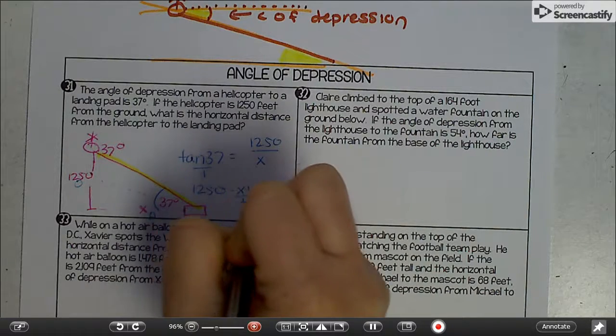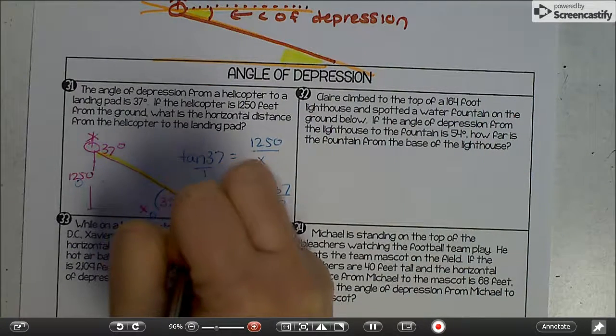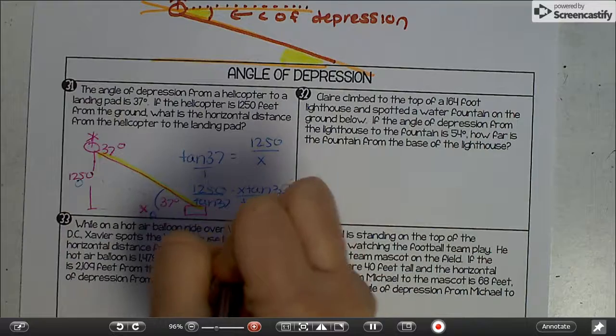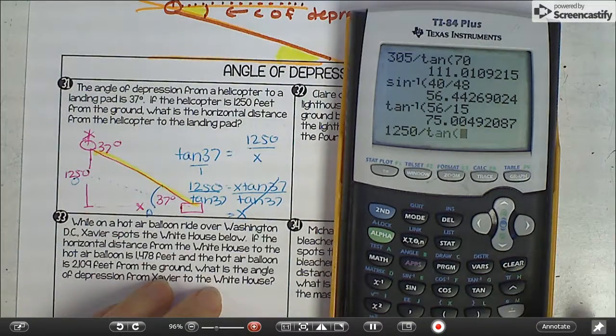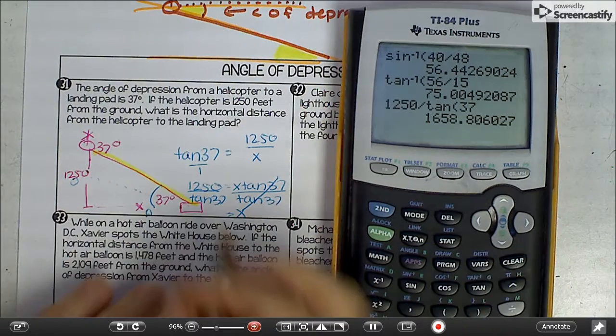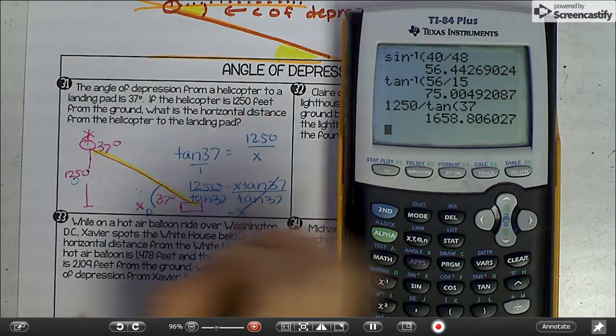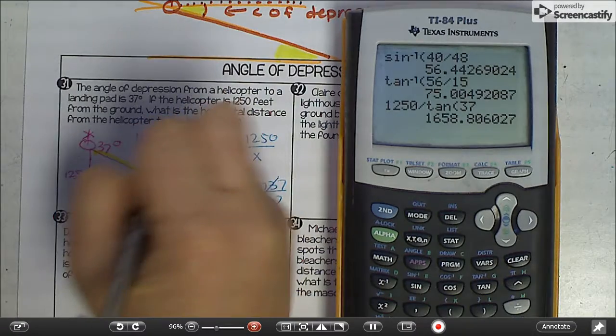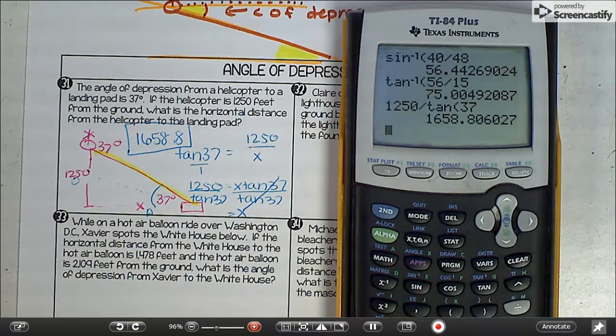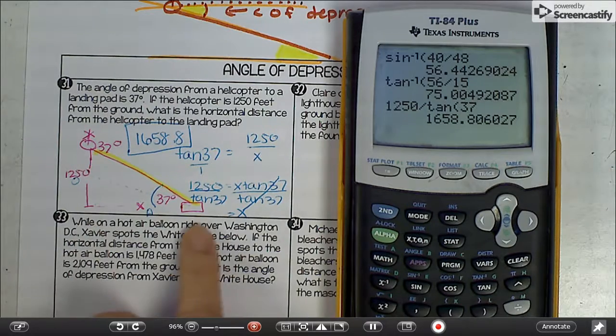And solve. So I can't fit it down there. 1,658.8 feet from the landing pad, horizontally.